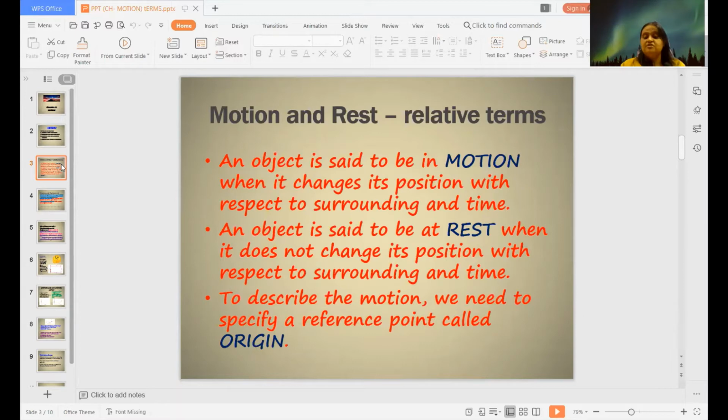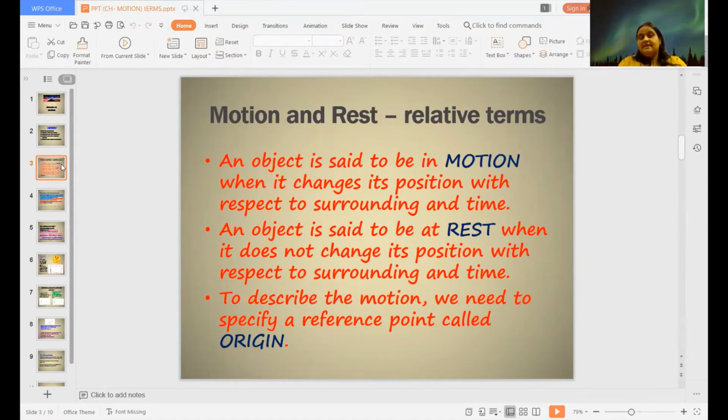So if an object changes its position with respect to time and the surrounding, with reference to a reference point, an origin, then you can say the object is said to be in motion. Rest is simple. If you are not able to see any motion, if you are not able to check any change in position with respect to time and surrounding, the object is kept at the same point, same position, then you will say the object is at rest.